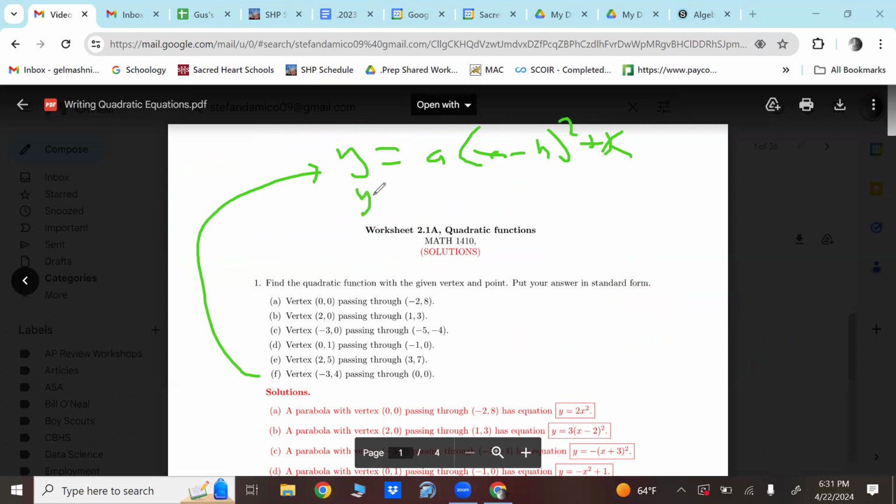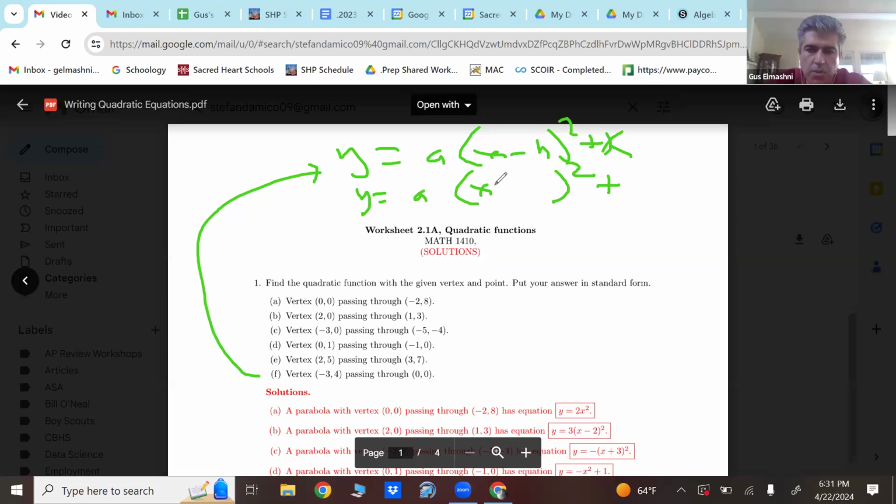You're going to plug in this math problem. What are you going to plug in for H and K here?